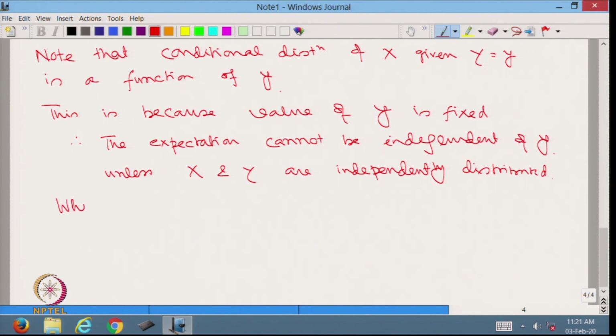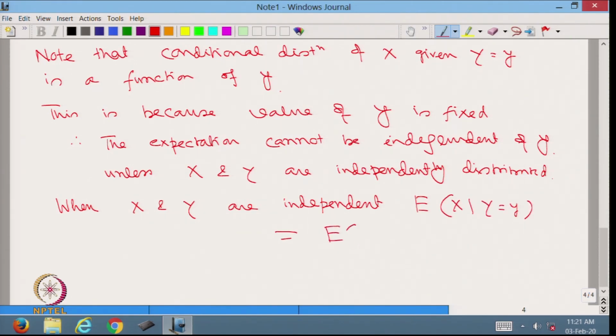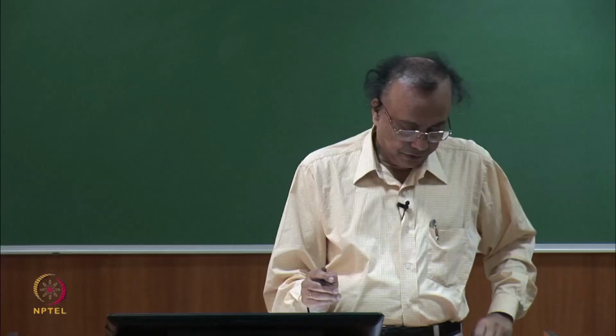When X and Y are independent, the expected value of X given Y is equal to y is the same as the expected value of X. That should be very clear.